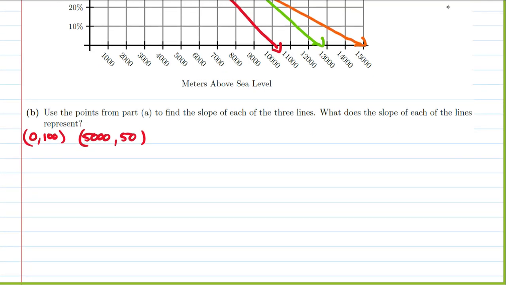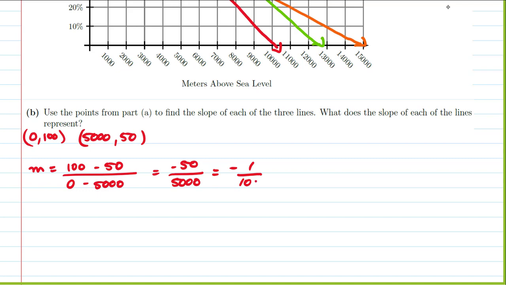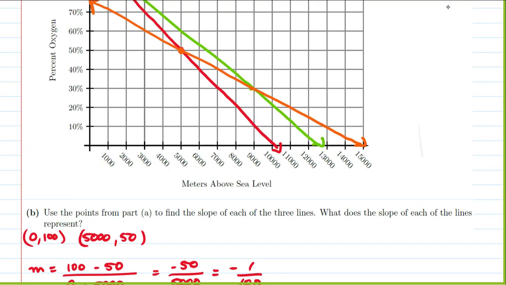So if we were to find our slope, m is equal to 100 minus 50 all over 0 minus 5,000, which gives us negative 50 over 5,000, which is going to reduce to negative 1 over 100. All right, so our slope for the red line is negative 1 over 100.